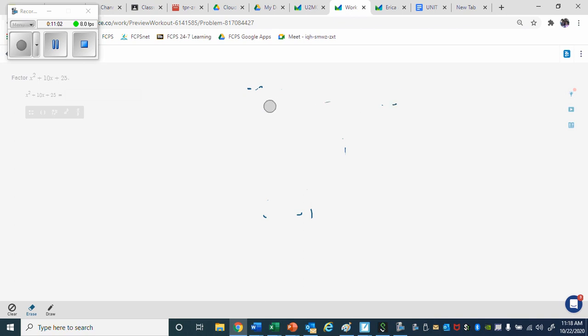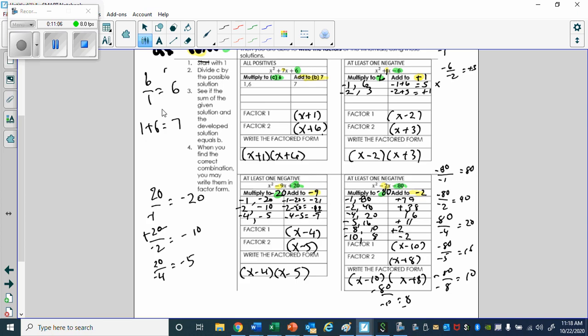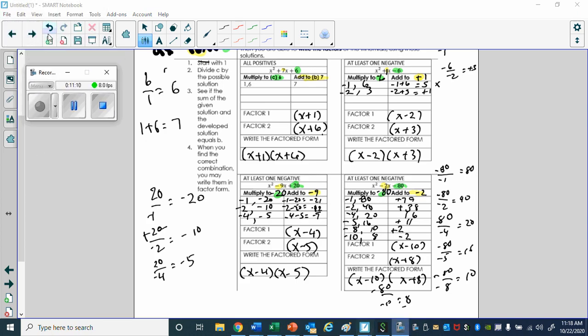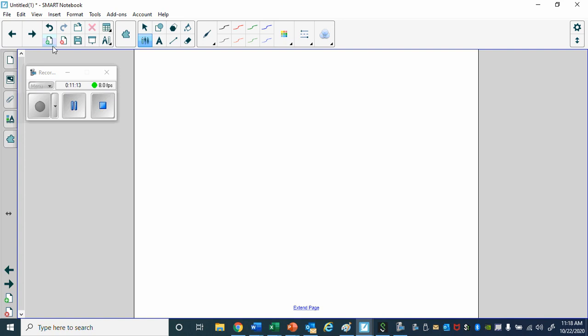So we have our x squared plus 10x plus 25. Let me do that over here in a new sheet. Okay. Create a table. And we're looking at the equation x squared plus 10x plus 25.